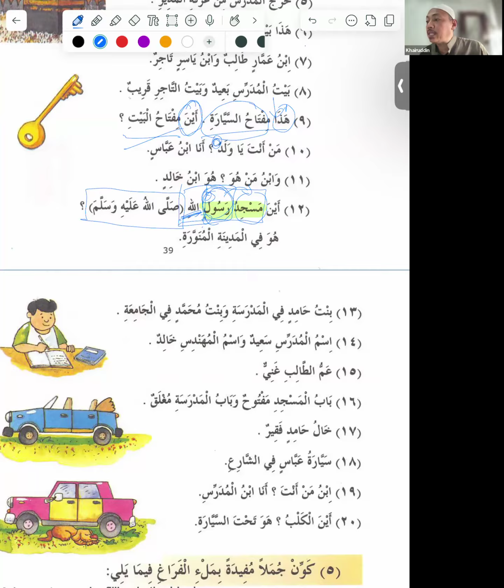Because it begins with a fi'al, a verb. What is the verb? Salla. This is fi'al madi. We've not learned this verb form yet, where we have a shadda on the root word. We'll come to that inshallah ta'ala. But this is a fi'al madi. Sallallahu alaihi wasallama. Wasallama is also fi'al madi.